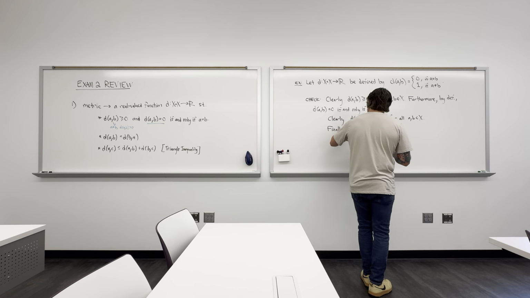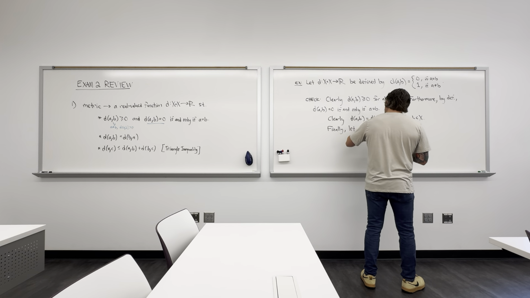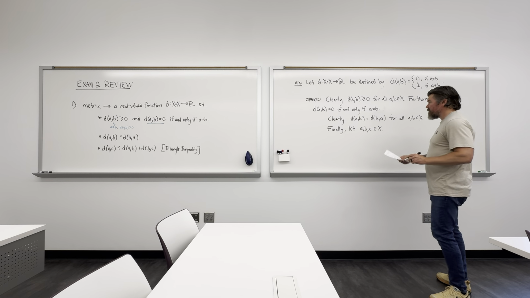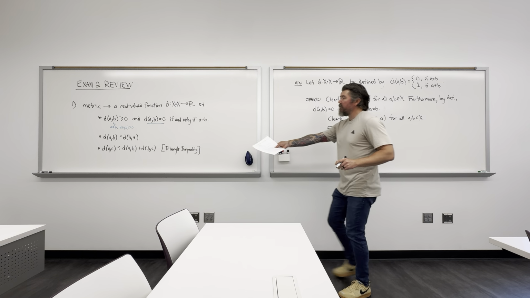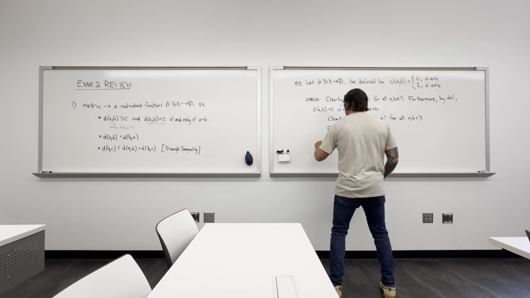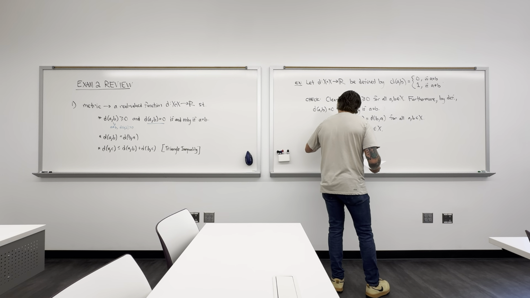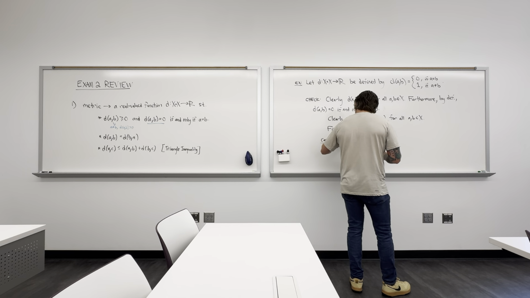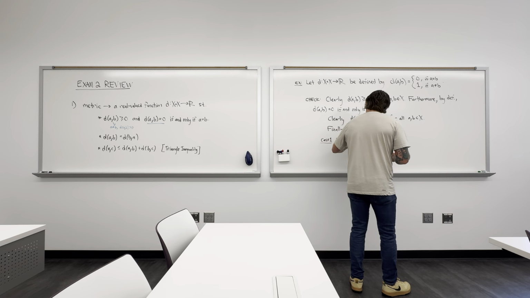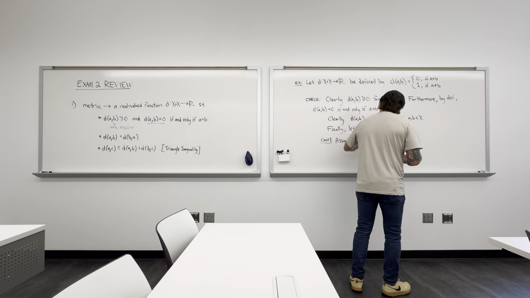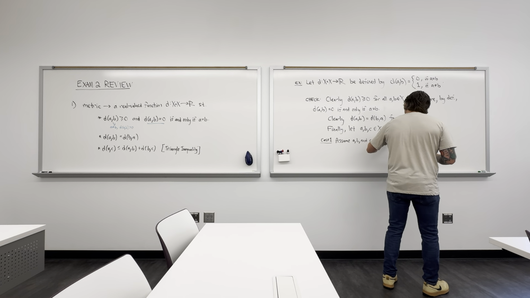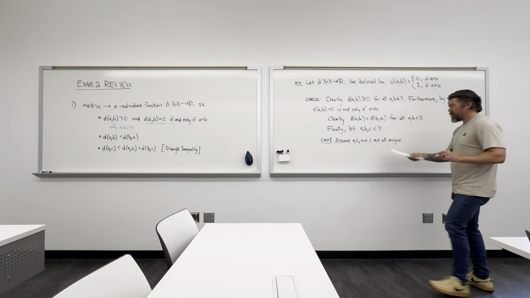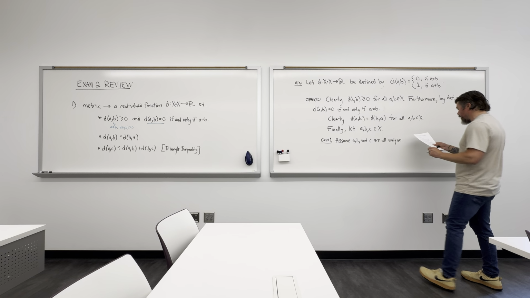So finally, let A, B, and C be elements of X, and we need to verify the triangle inequality. So we're going to do this by cases. So case 1, assume A, B, and C are all unique, so none of them is equal to each other.